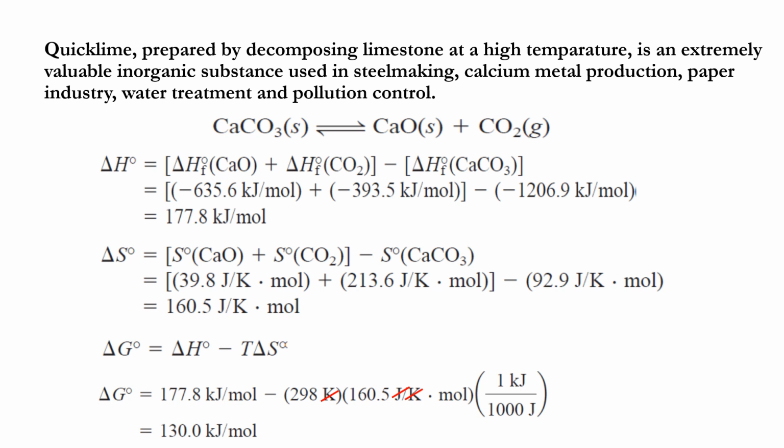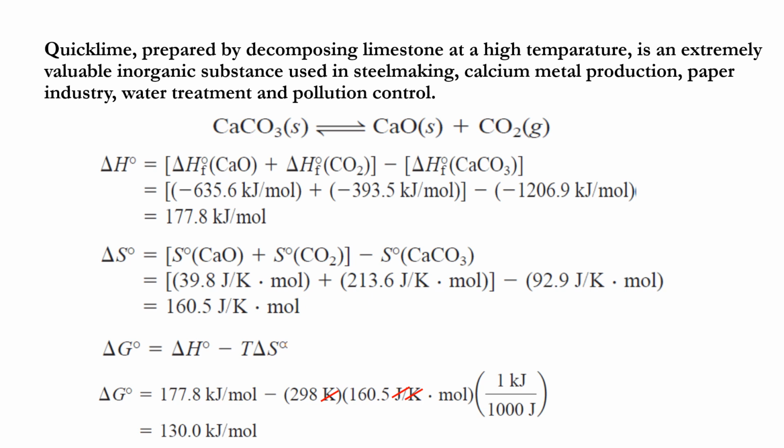But since we need to obtain calcium oxide from this reaction for the purposes of, as we said in the problem, an extremely valuable inorganic substance that is used in many purposes, we have to make the most out of the reaction. So what do we do? We control the system.